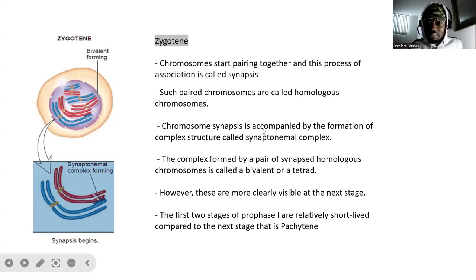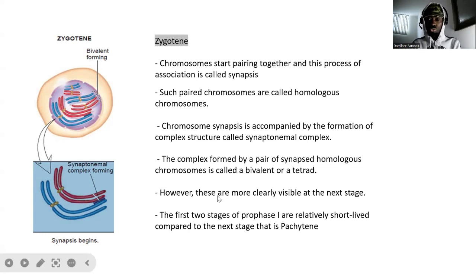Chromosome synapsis is accompanied by the formation of a complex structure called the synaptonemal complex. We've talked about that too here. The complex formed by a pair of synapsed homologous chromosomes is called a bivalent or a tetrad, meaning 1, 2, 3, 4. Tetrad or bivalent, two of them coming together, whichever is easier for you.